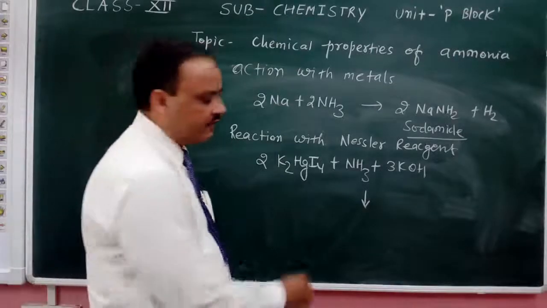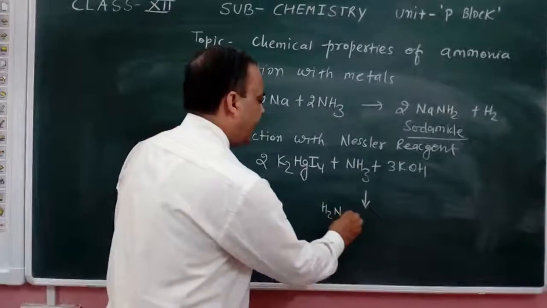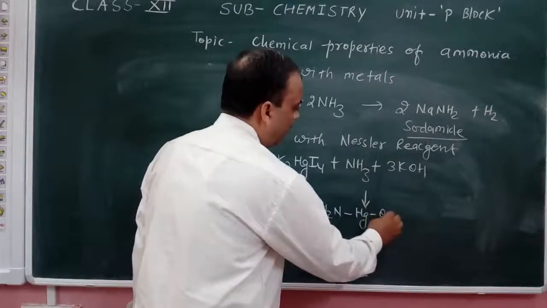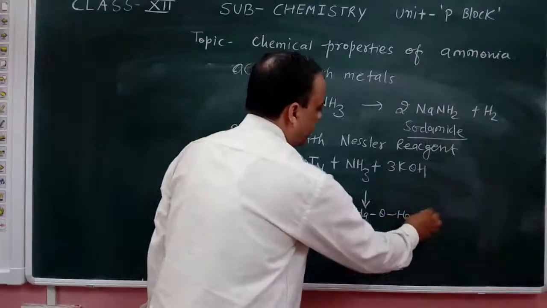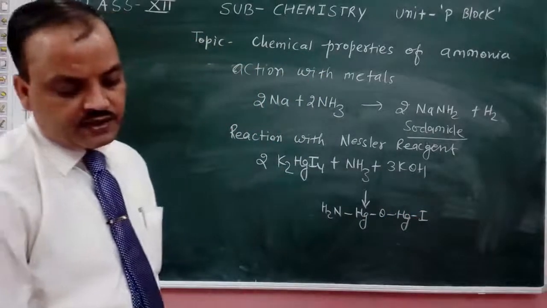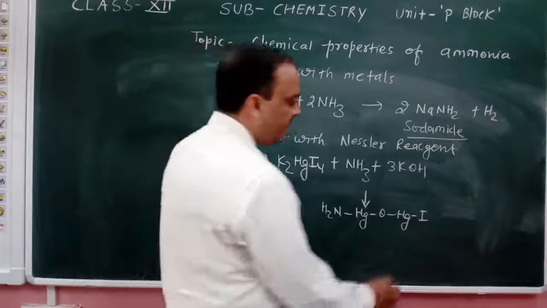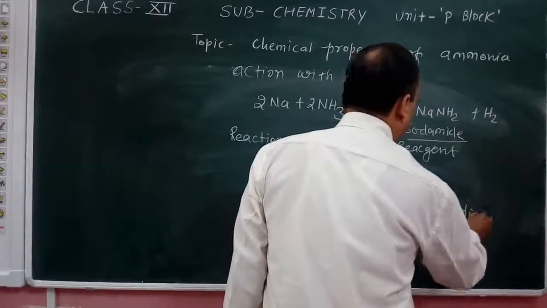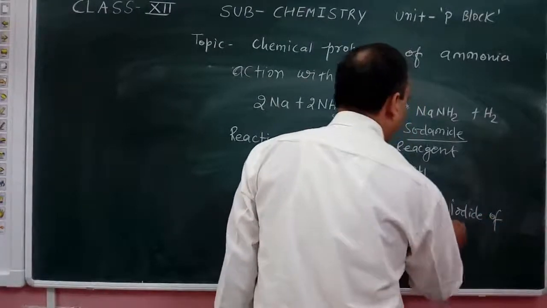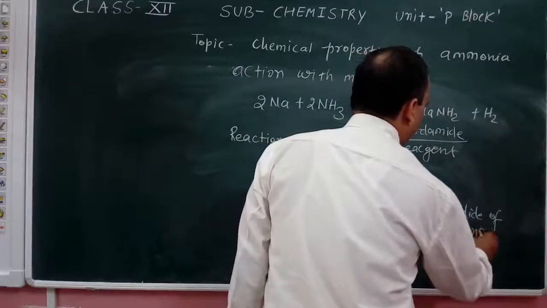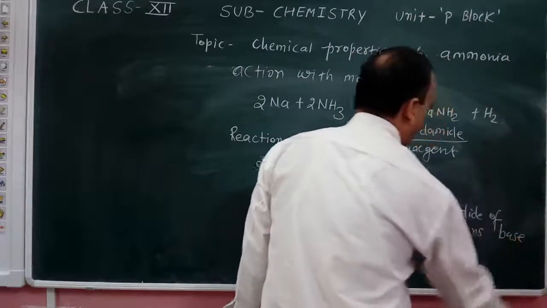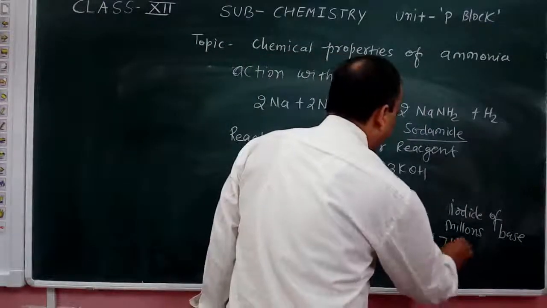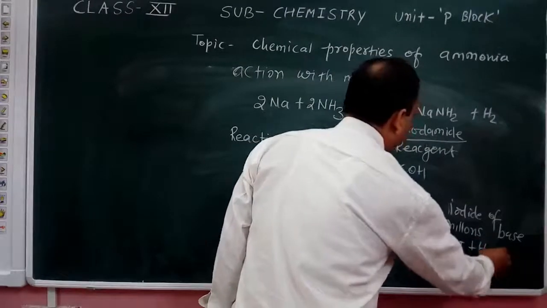have is H2N-Hg-O-Hg-I, and the name of this product is iodide of Millon's base, plus 7KI plus H2O.